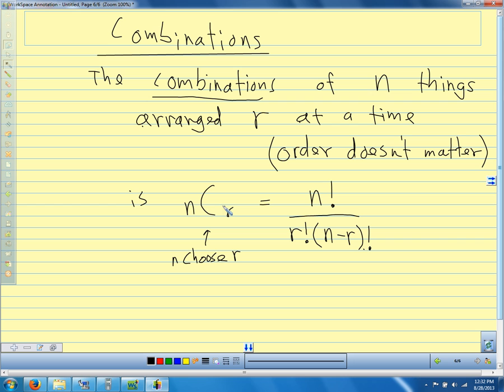And here we're saying that on all of these, R is smaller than n. So we're picking a smaller group out of a bigger group.